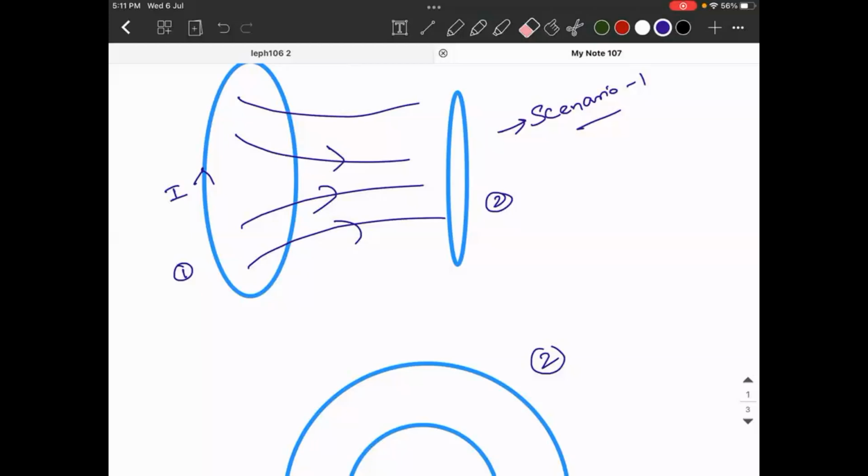There would have been a slight increase in the value of flux that is getting associated with the second coil. So in this process, can I say that an EMF is induced in it? Right? Accepted?